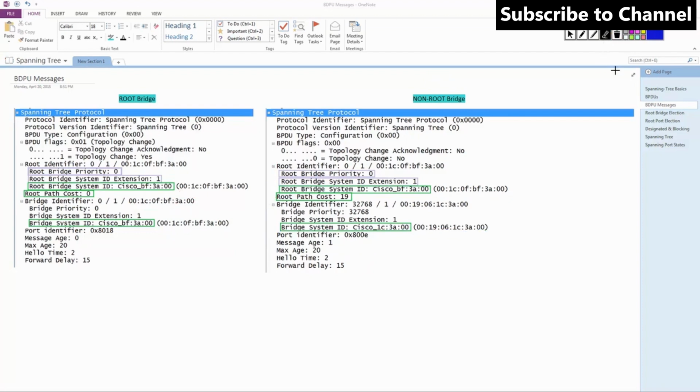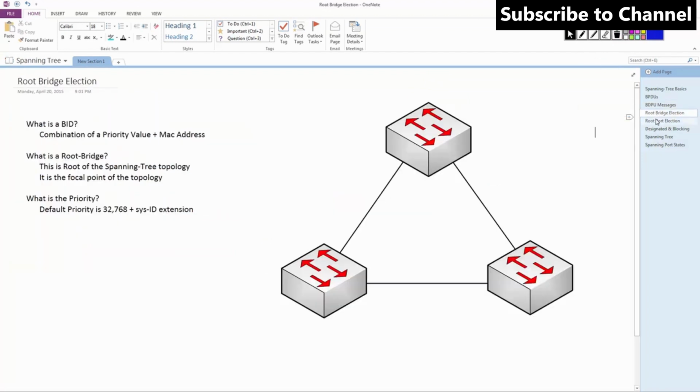So let's see how all this works together. There are elections that we have to go through in order for something to become the root bridge. In our network topology, we can only have one root bridge. Now, all the work that we're going to be doing is on one particular VLAN.